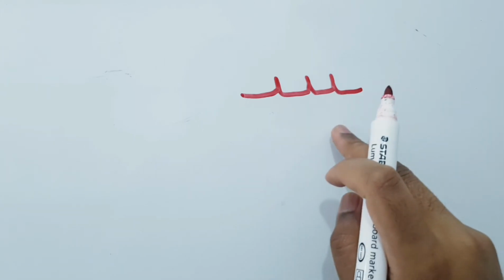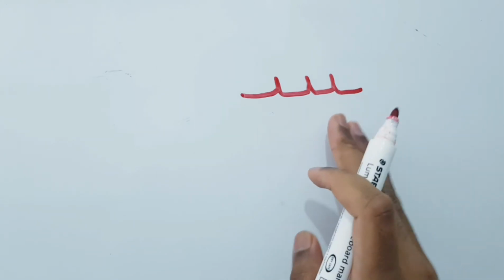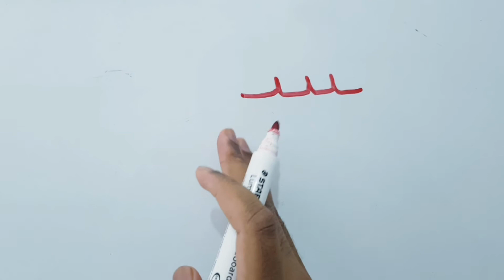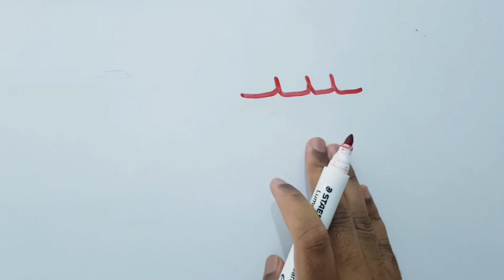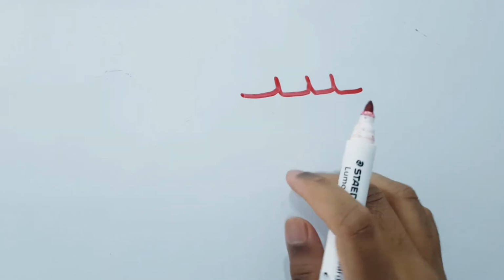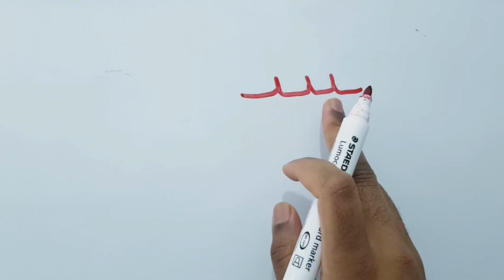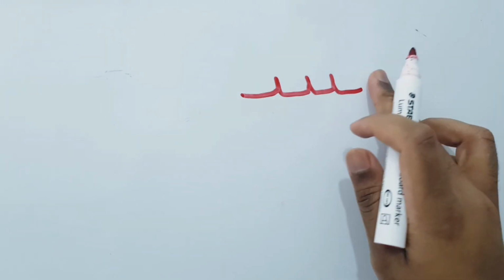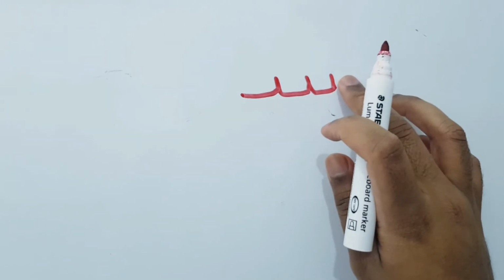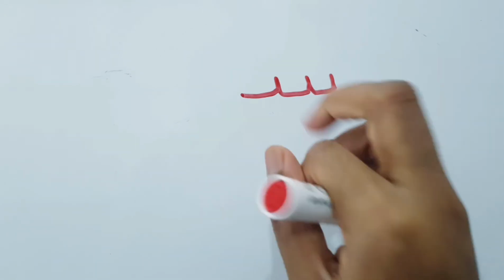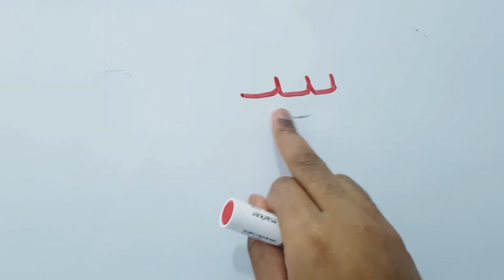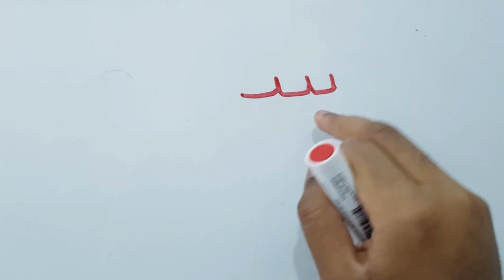So if there's ba, ta, tha, or noon, ya, which appear in a row, consecutive in a word, then there's a rule which says if there's 3 of them like this, we have to make one of them higher than the rest. So if we leave this like this, it looks like a sin now. And if you put 3 dots on top, it looks like a sheen.